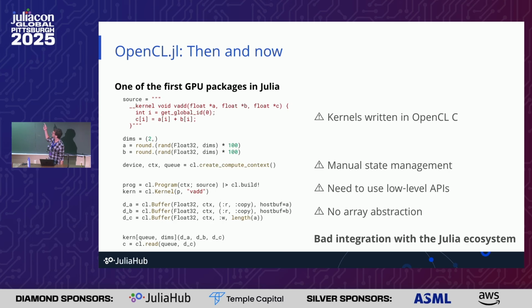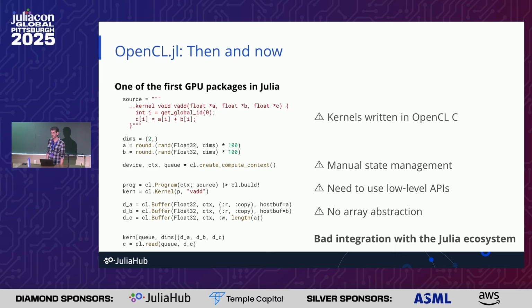We then allocate some data on the CPU, but before uploading it to the GPU, you had to manually manage your state. That is, which device to execute on, a compute context, a command queue. You had to instantiate all of that manually. After that, you had to use lower level APIs to compile your kernel, and finally upload the data to the GPU using a buffer, which is not an array, so no full-fledged array abstraction.